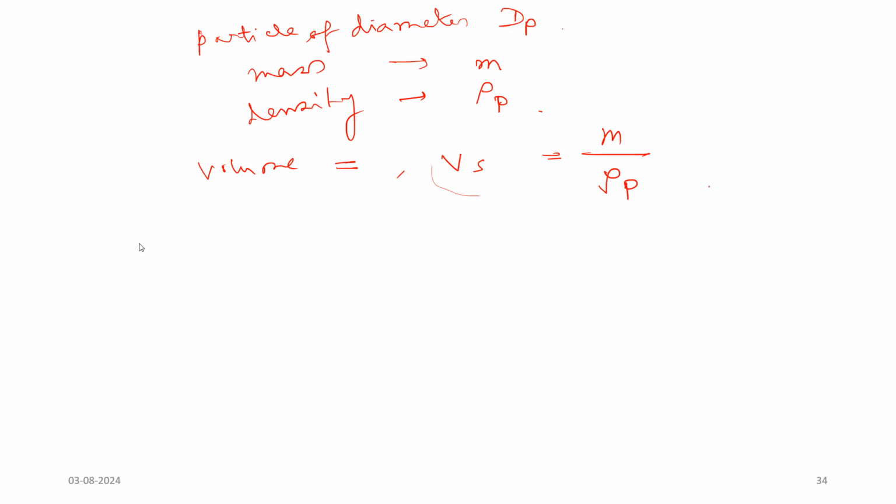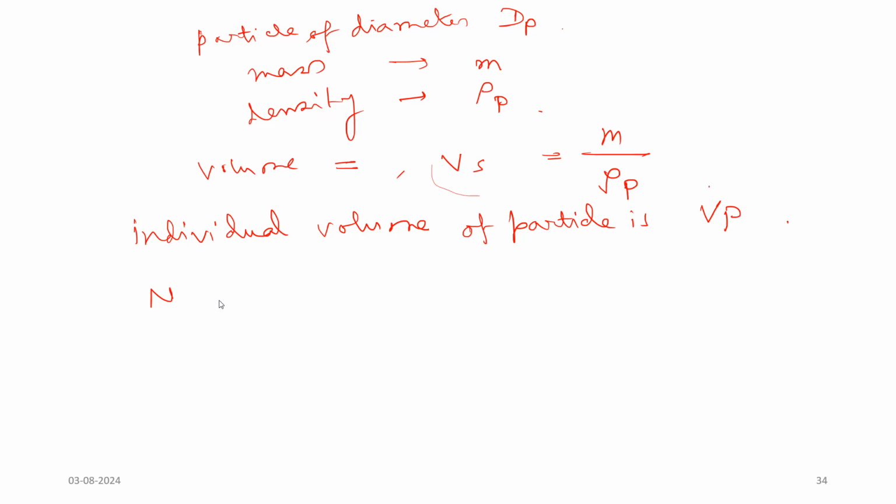If the individual volume of a particle is Vp, then how do we calculate the number of particles present? It will be the total volume of the particles divided by the single particle volume. Vs is m by rho p, so n is m by rho p into Vp.